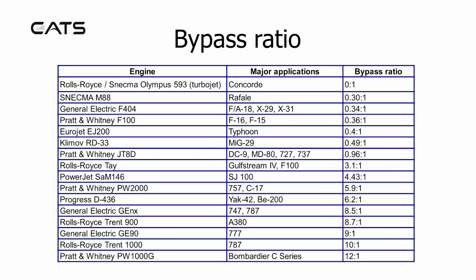And if we look at the Pratt & Whitney PW1000G on the Bombardier C Series, bypass ratios of 12 to 1, meaning 12 amounts of air are going outside, cold air so to speak, rather than one lot of air which is going through the central core. So it's almost like they're becoming like propeller driven aircraft again, and they're really called turbofans.